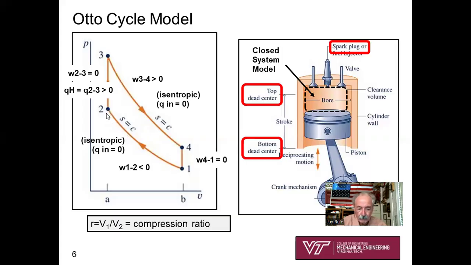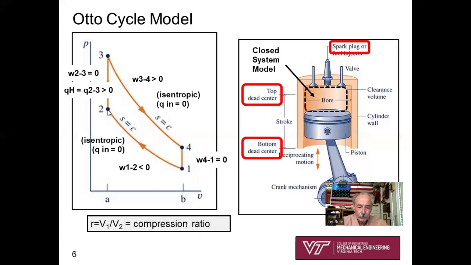What's the work going to be from 1 to 2? Can you visualize it? It's less than 0. You're going to have to figure out what that is, but work from 1 to 2 is less than 0. State 2, we're at top dead center. We should be able to figure this out in our engineering heads without being given the sketch.